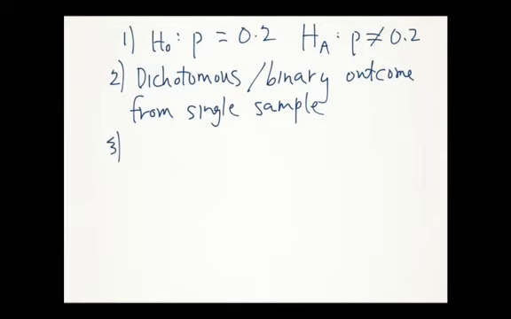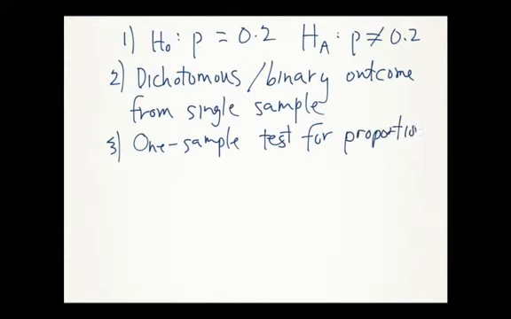Okay, step 3, we say what kind of test we have to do for this kind of data that we have. Well, it turns out we're going to do a 1 sample test for proportion. Okay, then in step 4, we want to state our test statistic. And let me pull that up.